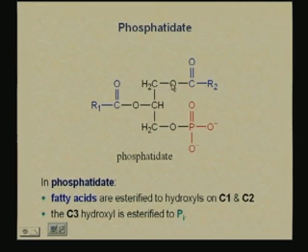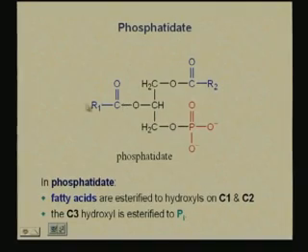You recognize the black part here is part of glycerol, CH2OH, CHOH, CH2OH. Okay. Now, what has happened at the first 2 carbons is the C1 and the C2 have been esterified by fatty acids.